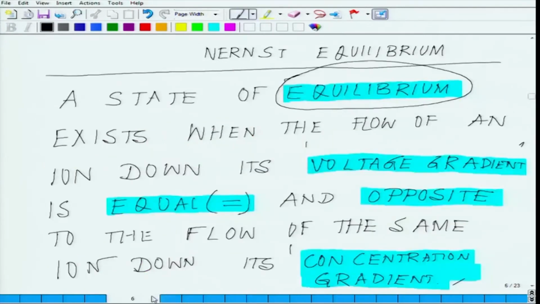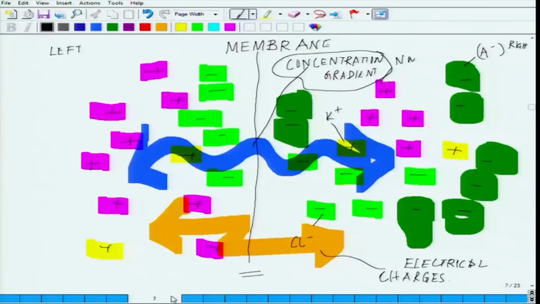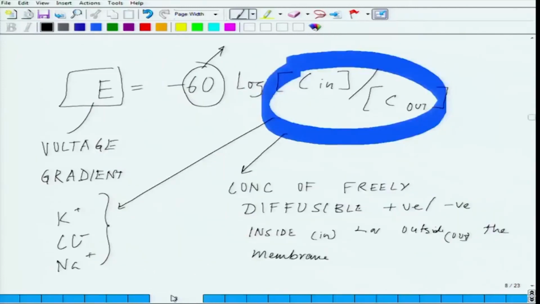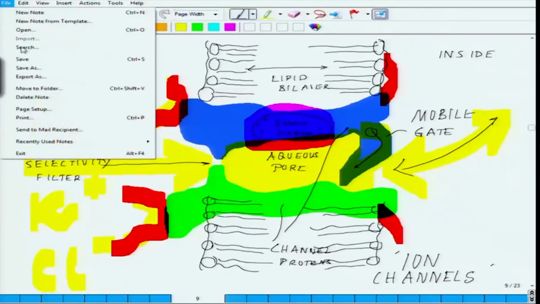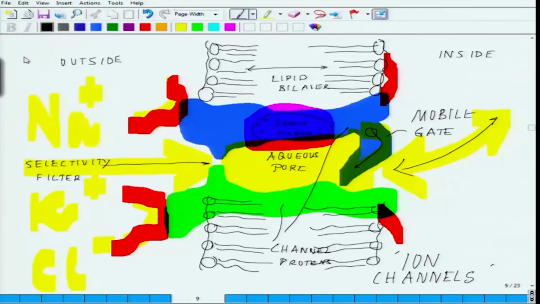Then we were introduced to the Nernst equilibrium, and here I tried to help you visualize how the Nernst equilibrium is maintained, and from there we moved on to formalizing the Nernst equation, and then we introduced the ion channels. Okay. So, I will close in here, and in the next class we will go in depth with the different ion channels, immediately followed by the action potential. Thanks a lot.